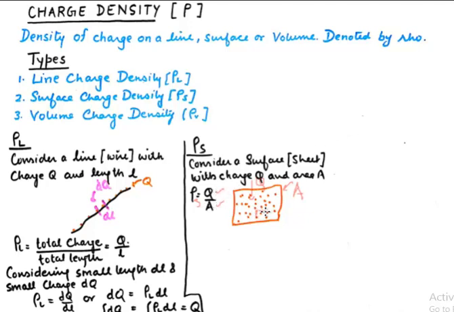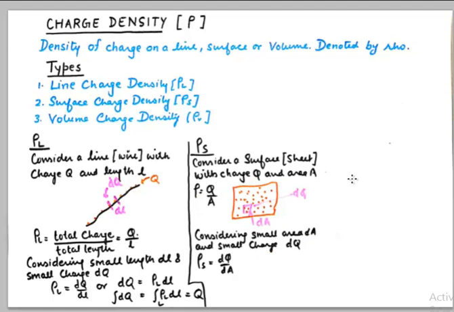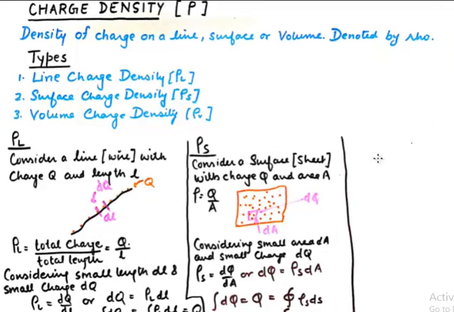However, if we take a small area dA, if we take dQ to be this differential charge, rho S changes to dQ upon dA, and we get dQ to be equivalent to rho S dA.